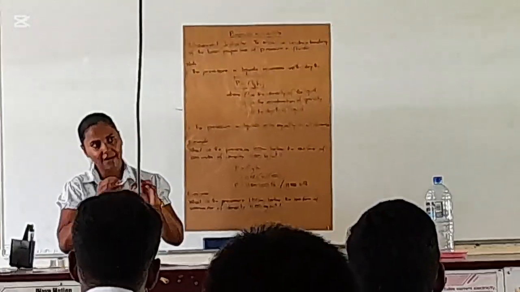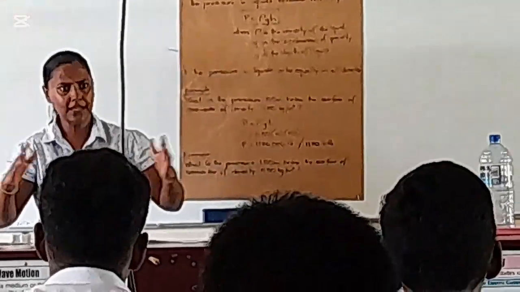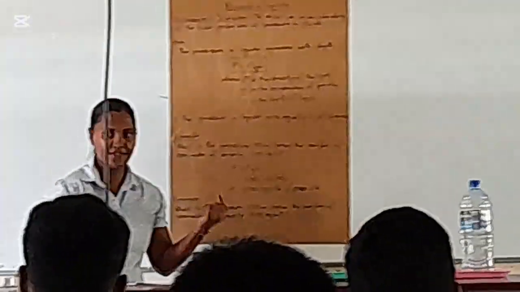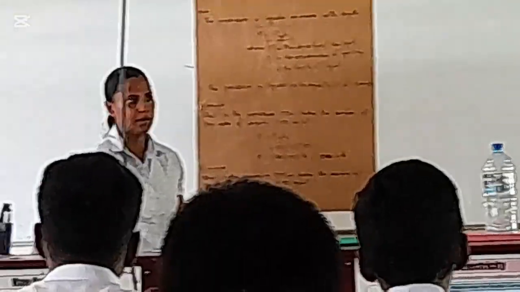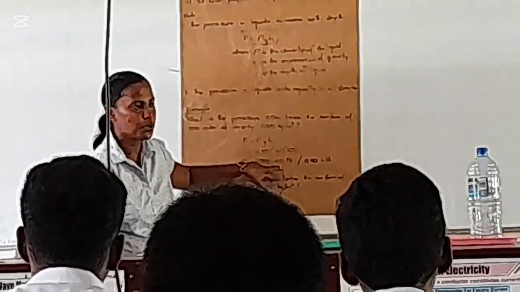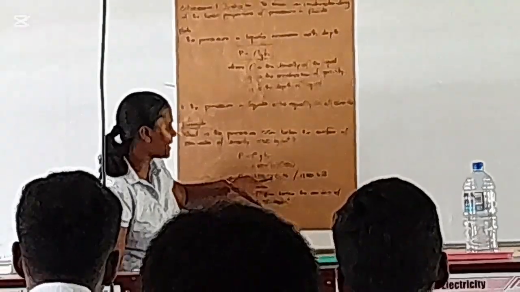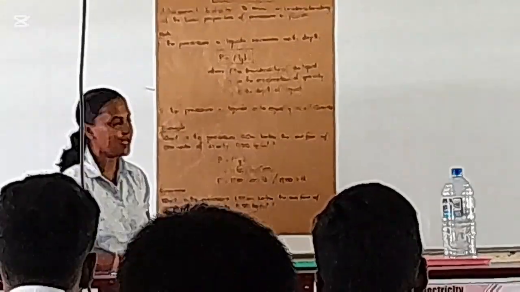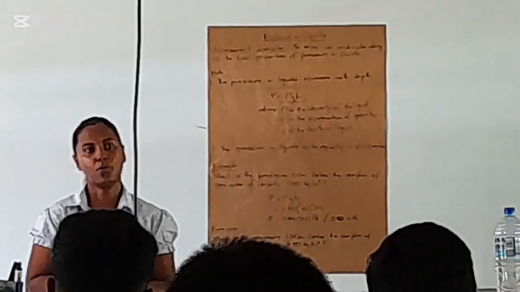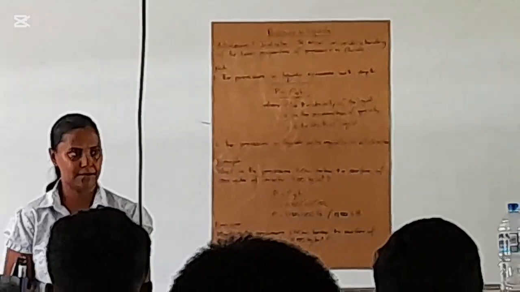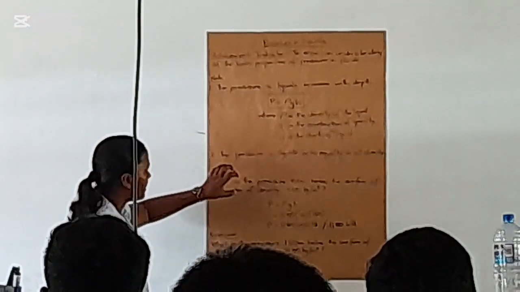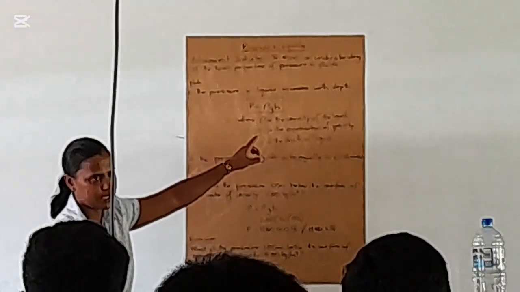Now it is a very long number. So we have learned about prefixes, right? The 3 zeros here represent kilo, so you can replace them with a k. In short form, you can say 1150 kilopascals. So that is how you calculate the pressure in liquids.